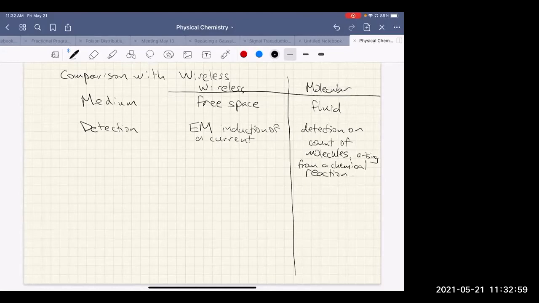So either way, if we detect the molecules, basically what we're saying is that the molecule is going to bind to some sort of receptor, and that receptor should be able to take action based on that binding.